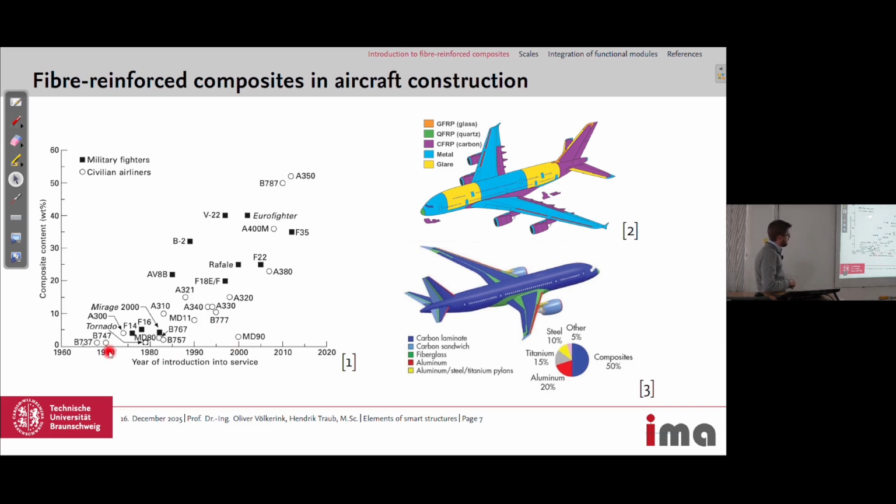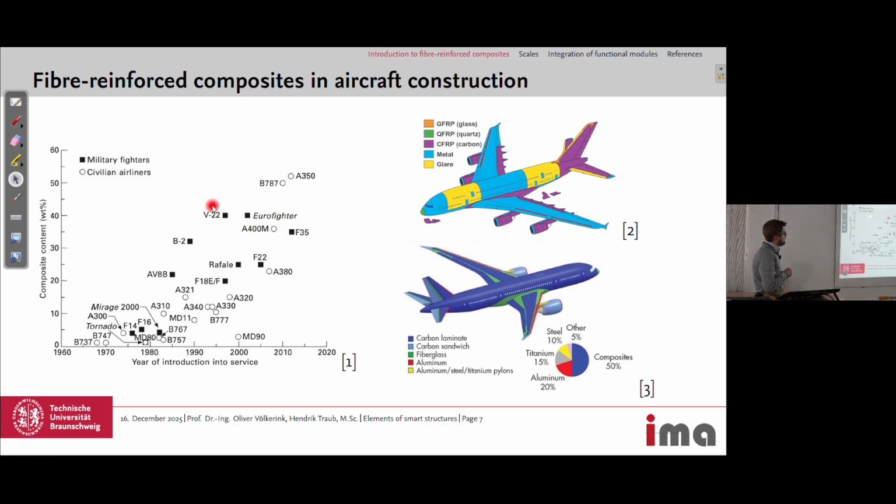And here's the year of entry into service, so first entry into service of this type of aircraft. And here's the composite content in the structure in weight %. You can see a trend that the newer the aircraft is, so later introduction into service, the higher the composite content is.